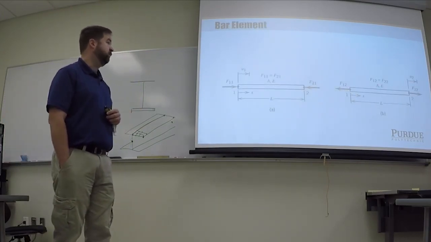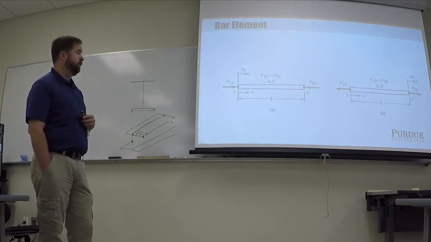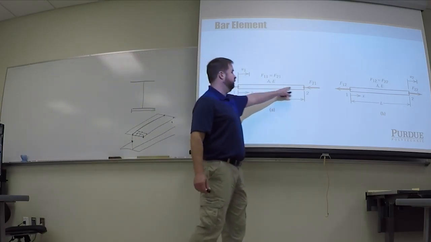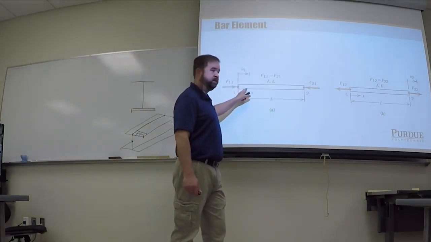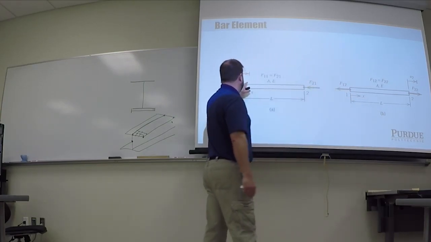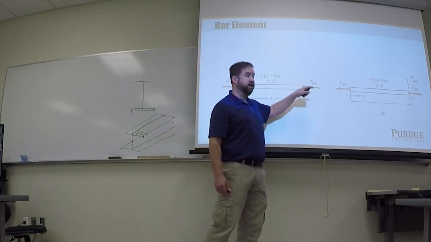Okay, so Tuesday we talked about bar elements. We talked that bar elements have forces that are in line with the element, either compression or tension, and they have 1 degree of freedom at each end, which is a movement in the axial direction of each end.